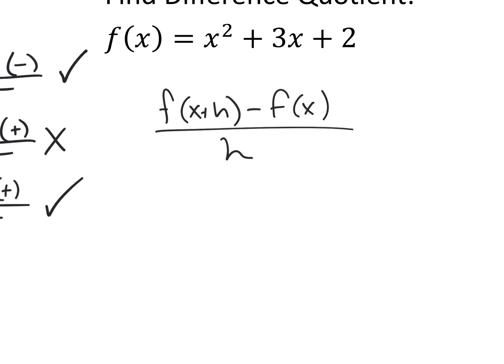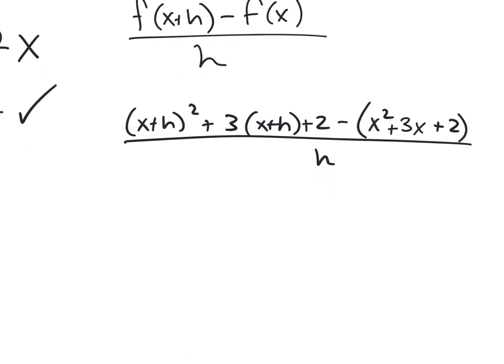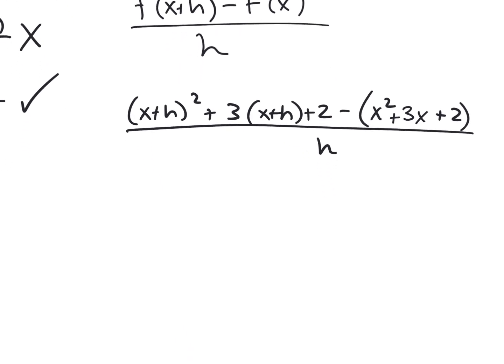So I'm going to go ahead and build this out. This is going to be on the numerator, x plus h squared plus 3 times x plus h plus 2 minus the quantity x squared plus 3x plus 2, all divided by h. Now we need to simplify quite a bit of what we have up on the top of our fraction.